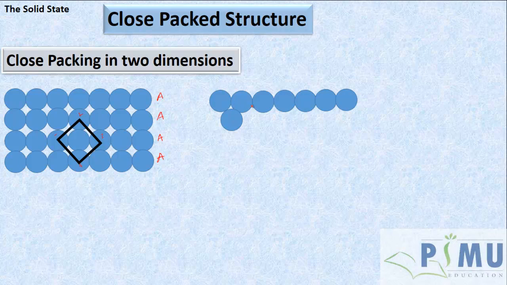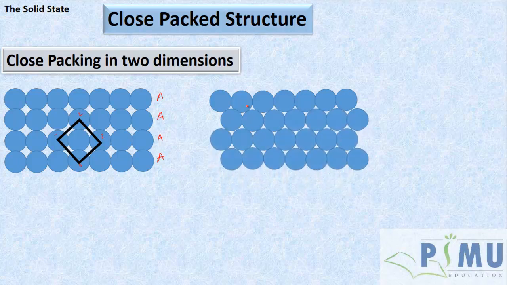This is called depression. Just below the depression of the first layer. When we arrange like this, each particle in this arrangement is surrounded by 6 other particles, isn't it?